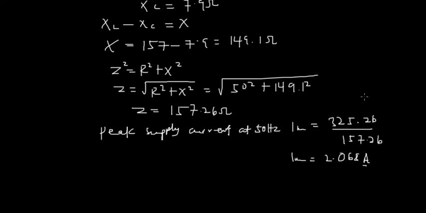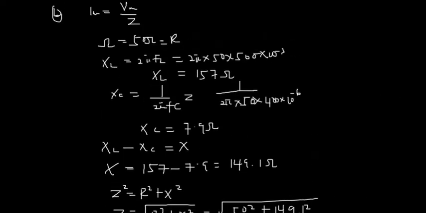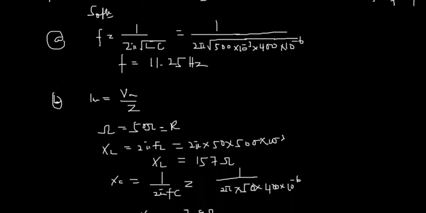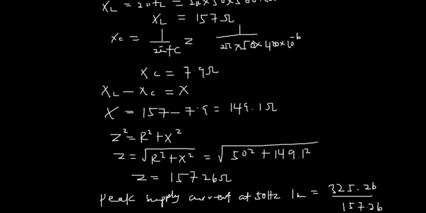So let's calculate our final parameter. Our final parameter is the peak current drawn by the circuit at resonant frequency, right? So let's proceed from there.